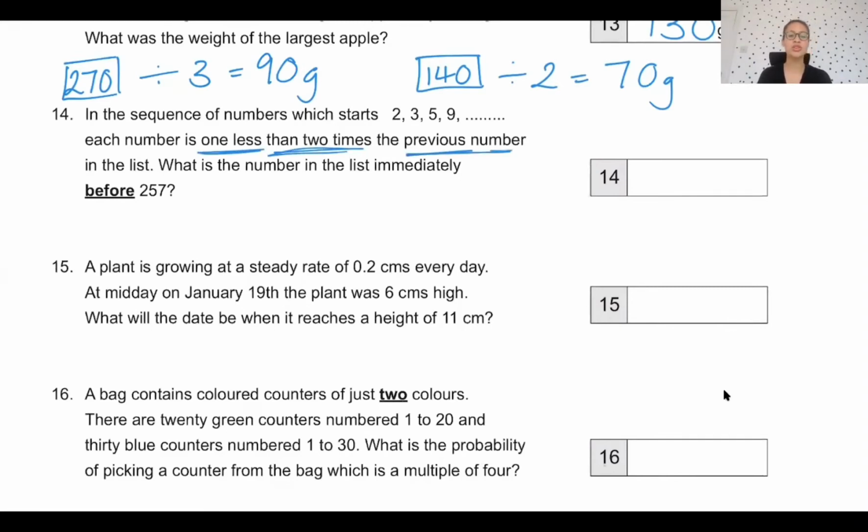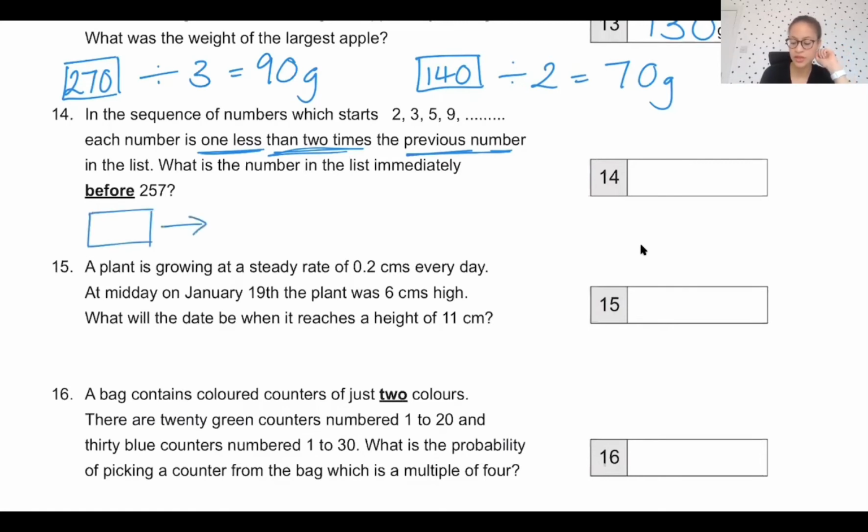So why don't you try and just draw a little number machine for this question? Just draw a number machine. So a number machine for this. Each number is one less than 2 times the previous number. I'm going to put our mystery number at the beginning.